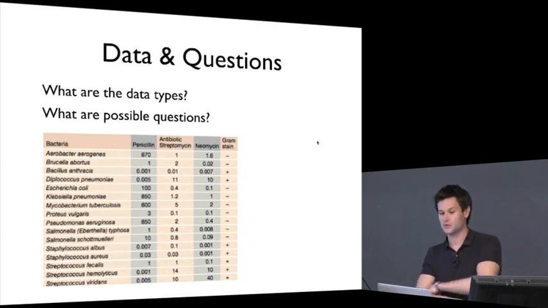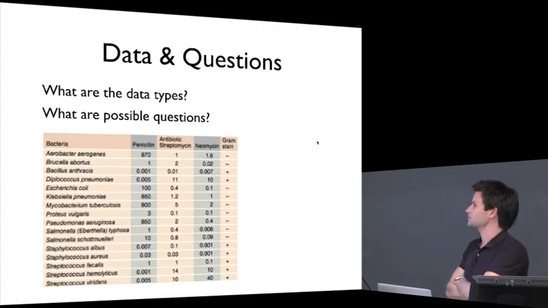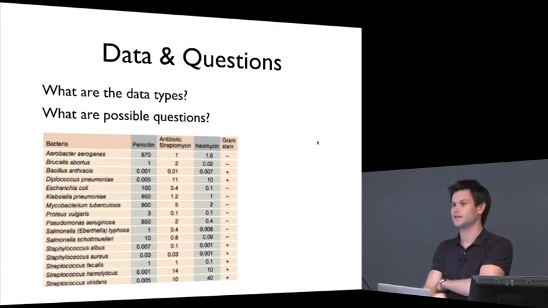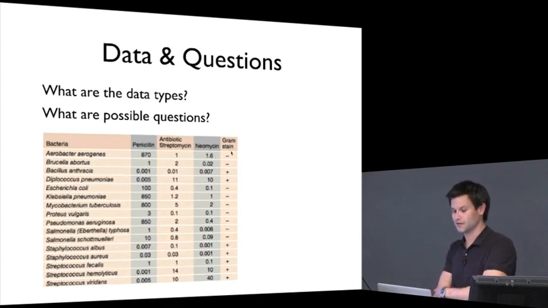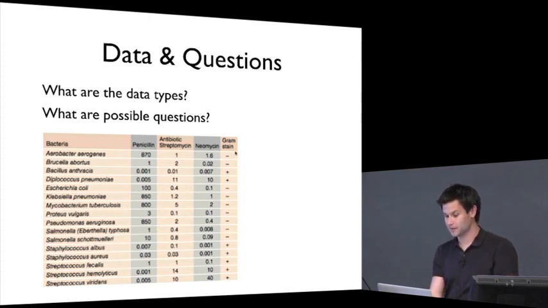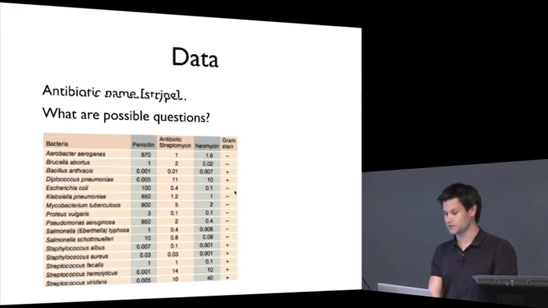Let's look at the data and the questions. What are the data types that we have here? Any guesses? What would be the first column? What's the data type in terms of programming? Yeah, it's a string, right? What's the data type that you find here? It's a number, it's a float.